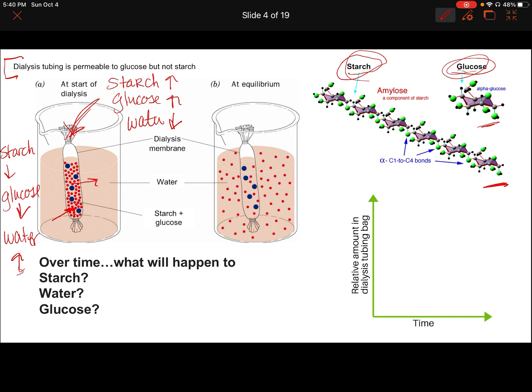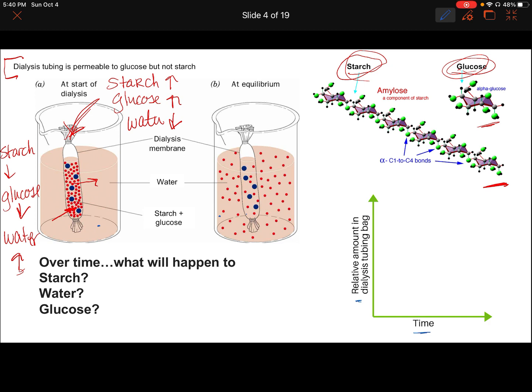So if you look at this graph over here, and you look at starch. We just said starch is not moving. This is wanting us to look at time and the relative amount of stuff in the bag. So disregarding the beaker, if you're just looking at what is happening inside the bag, the polysaccharide starch is not doing anything.